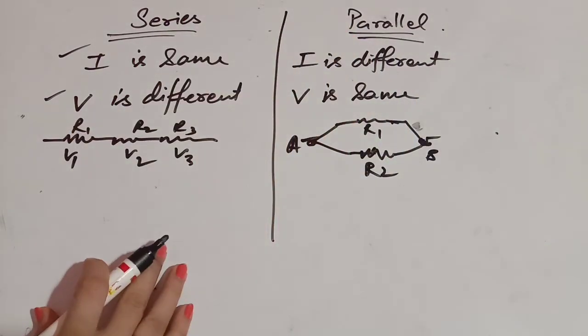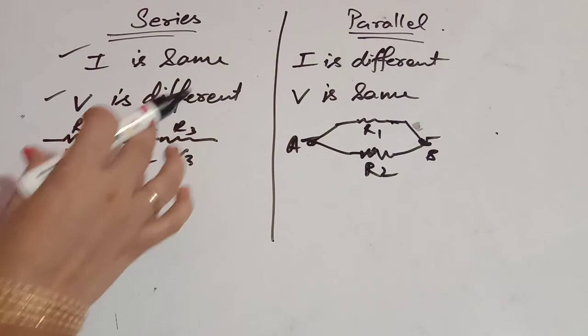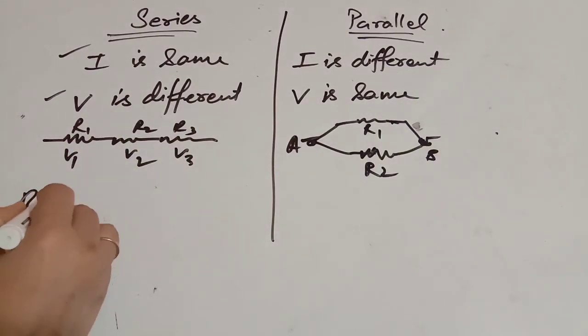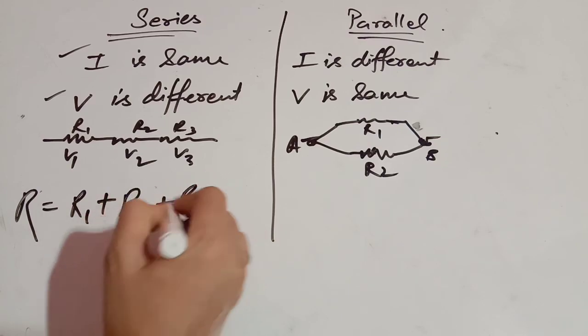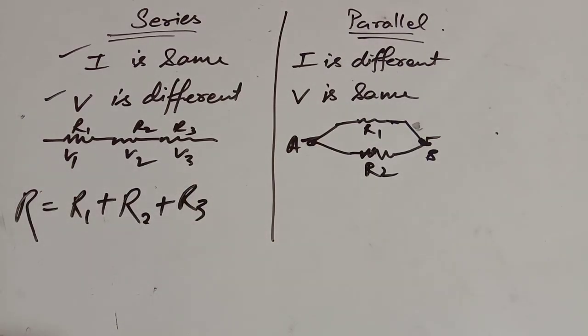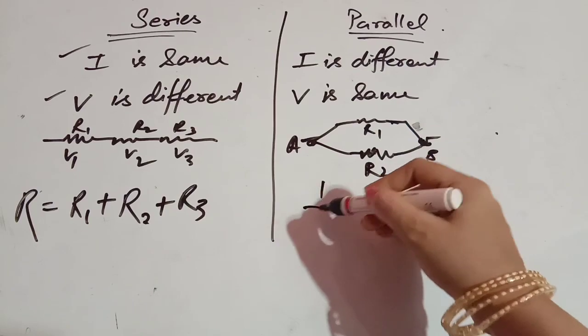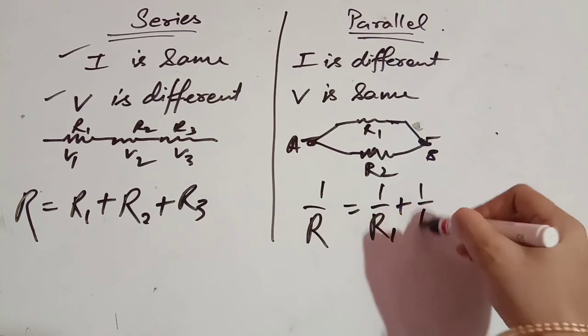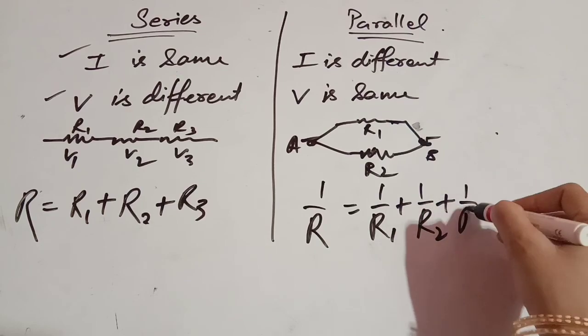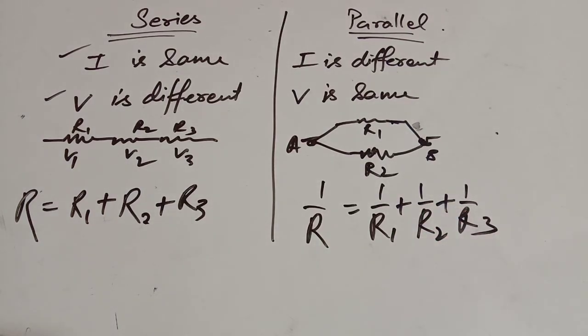These are the two main points. The third point is that in series the total resistance R is the sum of the resistances, R1, R2, R3, whereas in parallel there is a reciprocal: 1 by R is equal to 1 by R1 plus 1 by R2 plus 1 by R3. So these are the three simple basic differences.